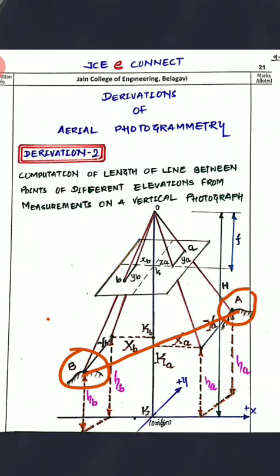This is how you are going to determine the distance between two objects at different elevations by using a vertical photograph.